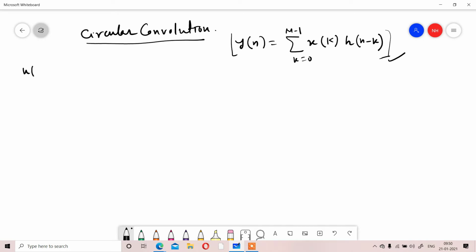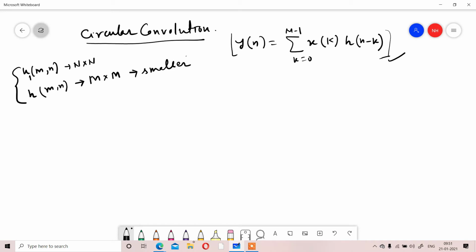Suppose u1(m,n) is an image of size n cross n, and h(m,n) is another image of size m cross m, where it is the smaller size compared to u1.